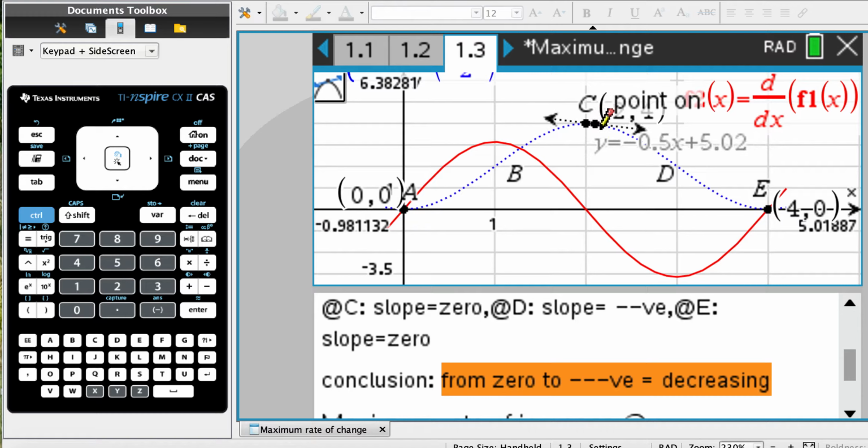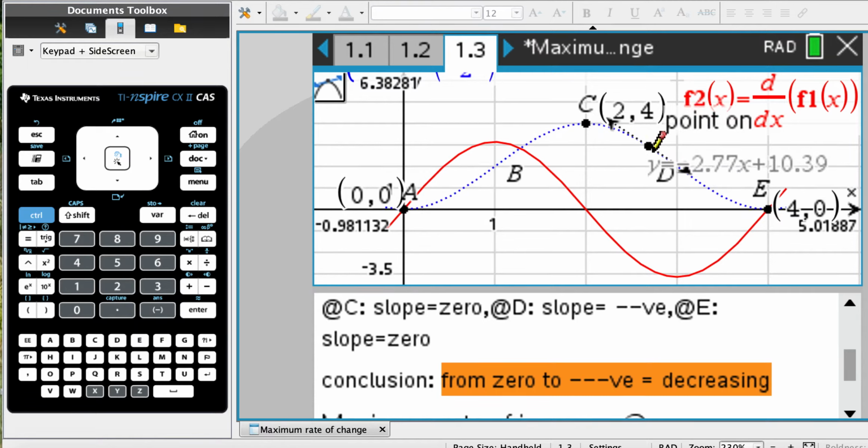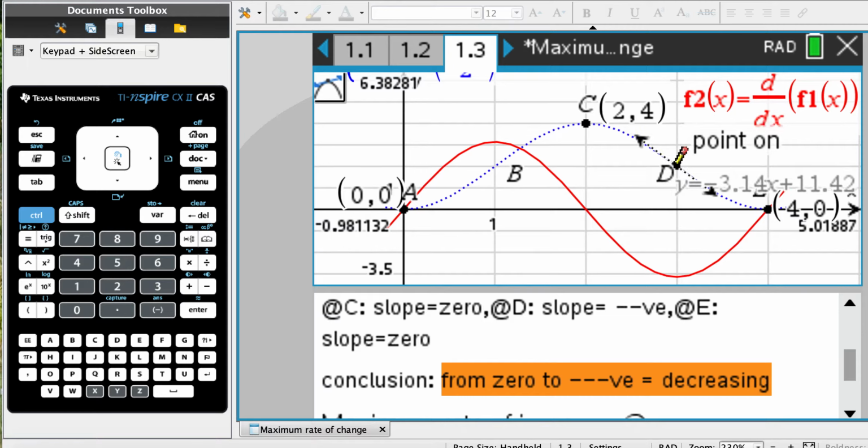And if I drag my tangent line, remember, the slope of my tangent line corresponds to the instantaneous rate of change. As we can see here, it's getting smaller and smaller, meaning very negative, very negative. And at point D, it's very negative, very small. However, if I pass point D, can you see that I'm actually less negative?